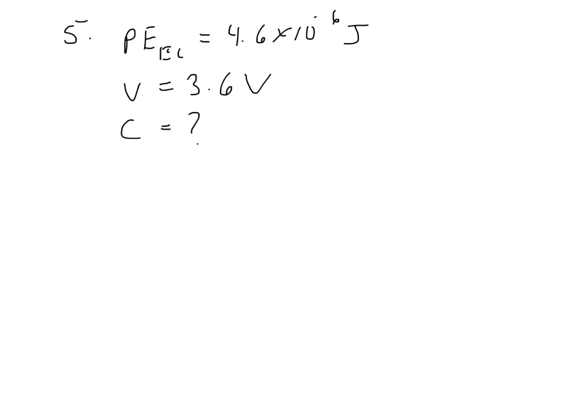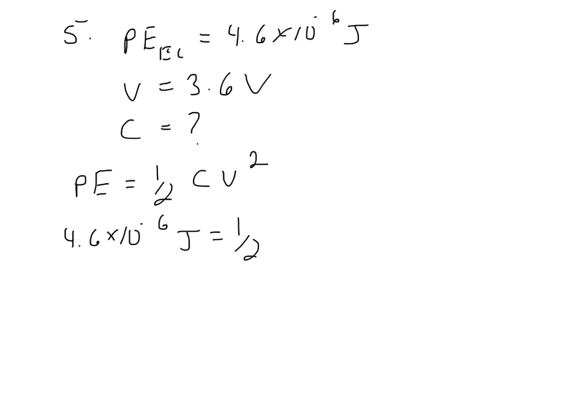So the equation we're going to use is electric potential energy equals 1/2 CV squared. In this case we have 4.6 times 10 to the negative 6th joules equals 1/2 times C times 3.6 volts quantity squared.